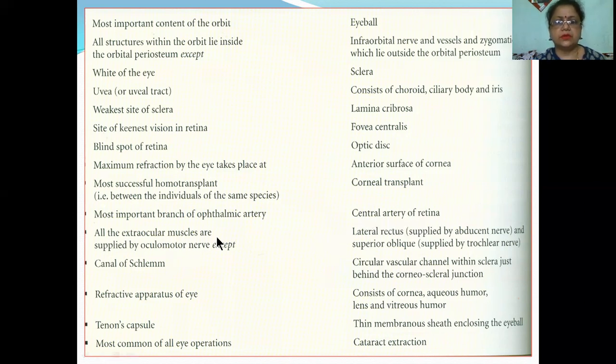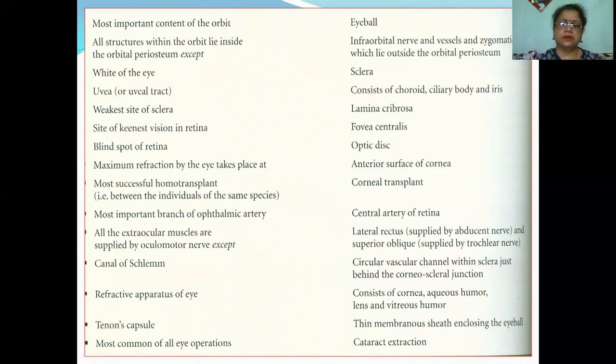All of the extraocular muscles are supplied by the oculomotor nerve except lateral rectus. Lateral rectus is supplied by what? LR6, abducens nerve. Canal of Schlemm, that is the important area, a circular vascular channel within the sclera, just behind the sclerocorneal junction, and it helps in the free passage of aqueous humor, recirculation, everything.